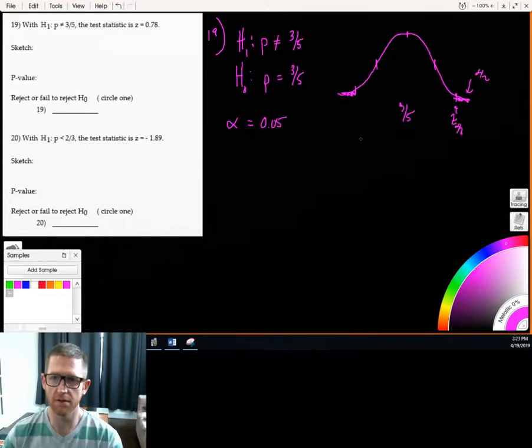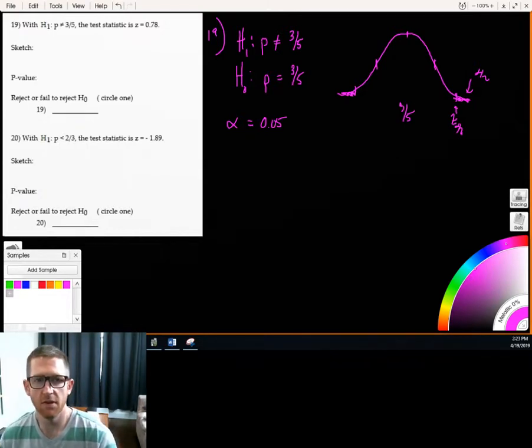It's a two-directional test. So we need to look at our test statistic, which we're given in this problem. The test statistic is Z equals 0.78. 0.78 would be less than 1 standard deviation away in the positive direction. So here's our Z of 0.78.